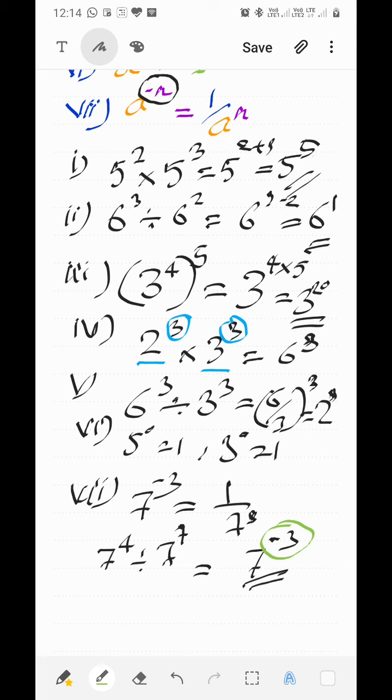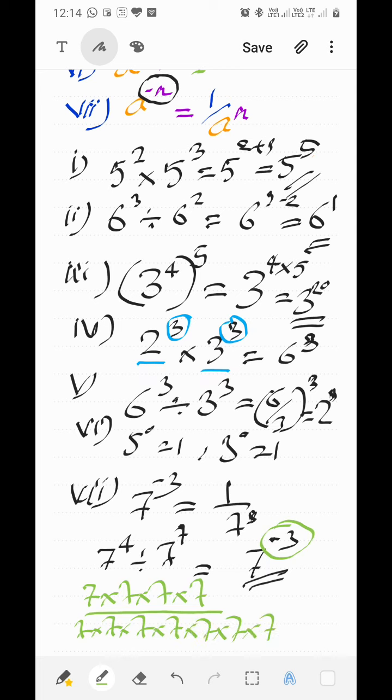Look at this, 7 raised to minus 3. So if in actual division, what happens? If you are dividing this by actual division, 7 raised to 4, that we can write 7 into 7 into 7 into 7, divided by 7 raised to 7, 7 into 7 into 7 into 7 into 7 into 7 into 7.